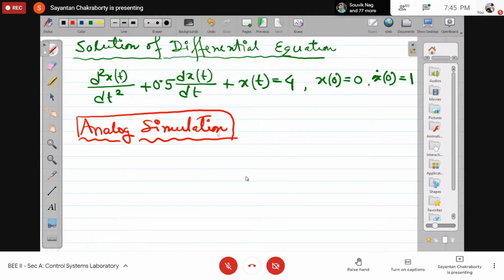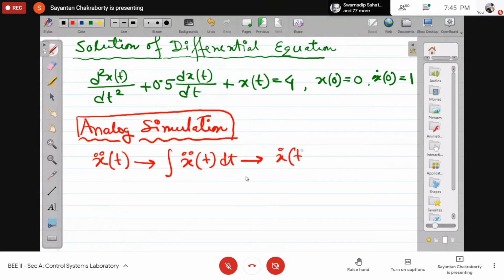The main idea behind analog simulation is that, since you are dealing with real-time or analog signals, the main objective is to find the value of x double dot t. Because if you have x double dot t, then you integrate it once and you get x dot t.